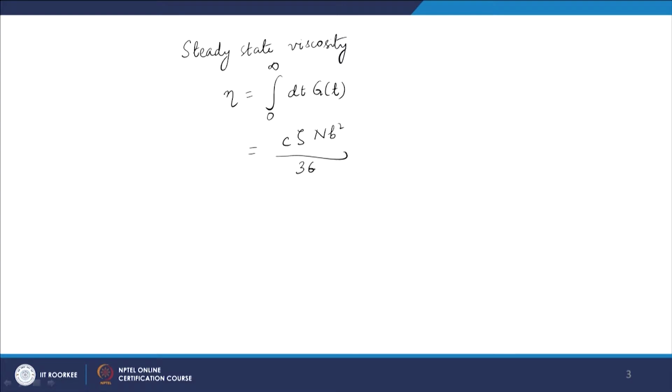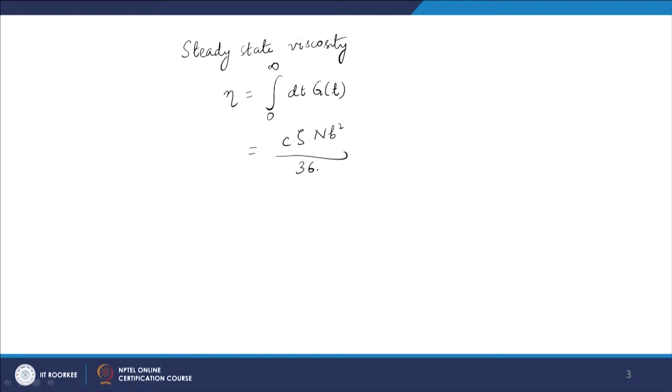Now, if I want to get the viscosity from here, we will show that there is something called the steady state viscosity, and we will derive the expression later in the course. This will be the integral from 0 to infinity of dt G(t), and if we do the integration in this case, what we will get is c zeta N b squared by 36.